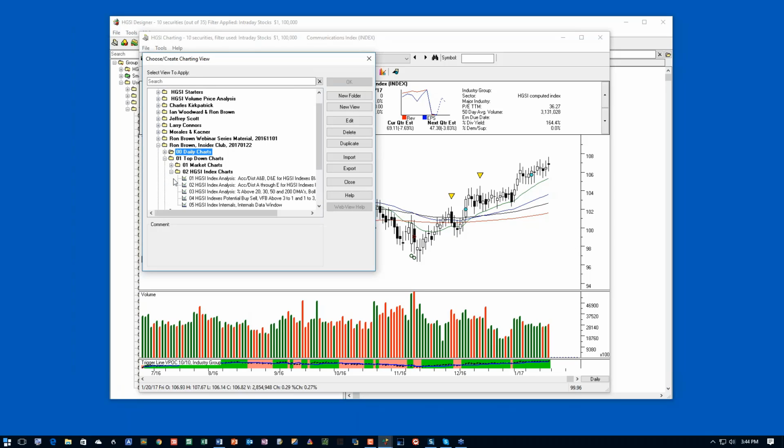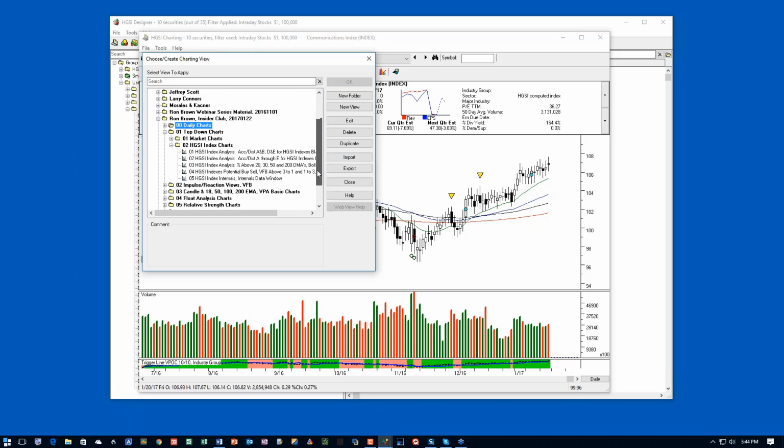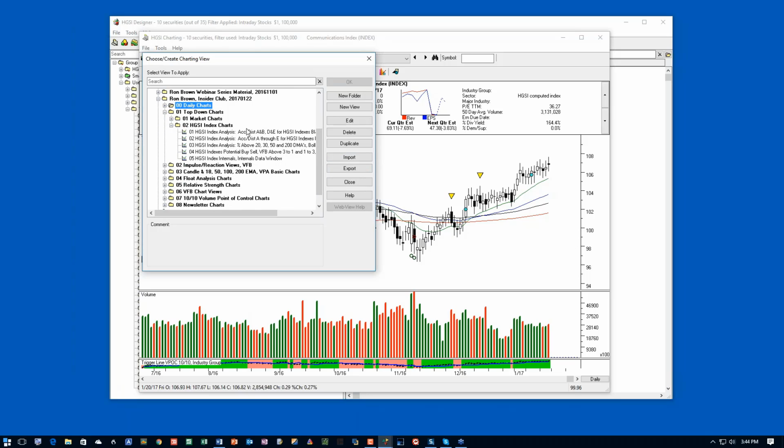okay, the top-down views, and now notice under the index chart right here. So these are my latest files, and these are the charts that I use to look at the market. Now these have been indexed with equal or market cap weighting.